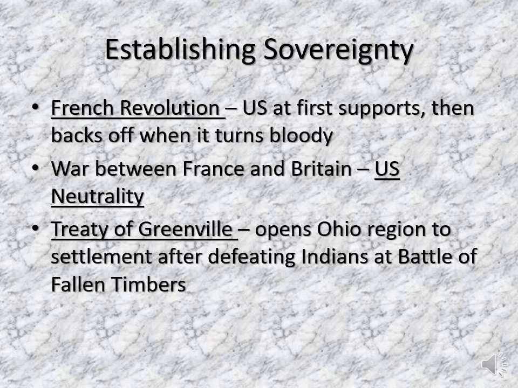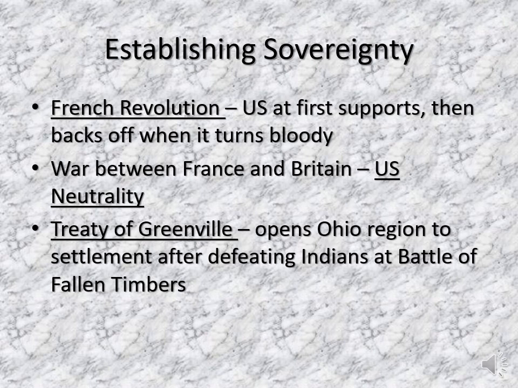And if you remember from world history, the French Revolution was kind of complicated, but basically the commoners were rebelling against the elite class, and once the French Revolution starts to turn bloody, where they start to send people to the guillotine, if you remember Maximilien Robespierre, he was a big rebel against the elite ruling class in France, and they were basically just sending a lot of people to the guillotine, and that's when the Americans kind of stepped away and said we weren't going to support anybody in the French Revolution.